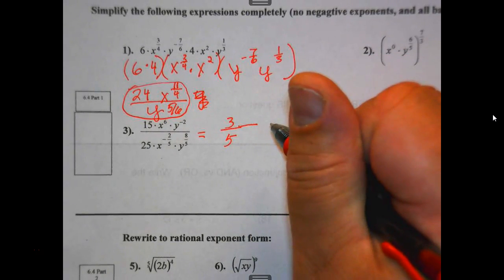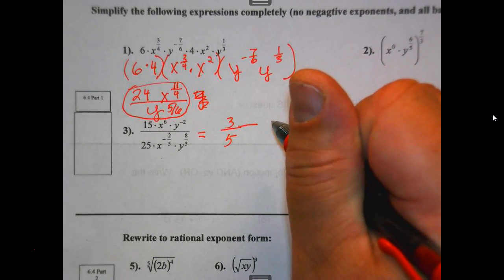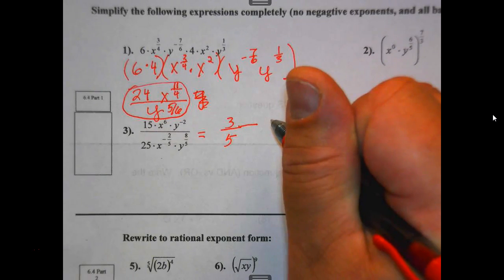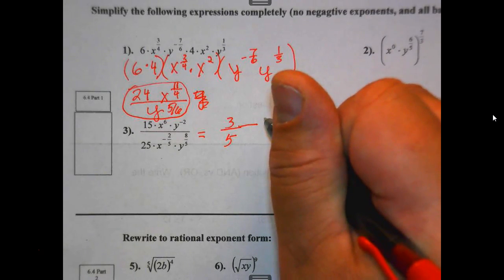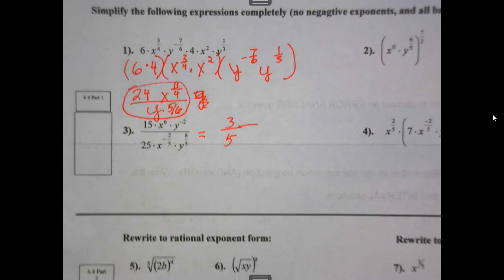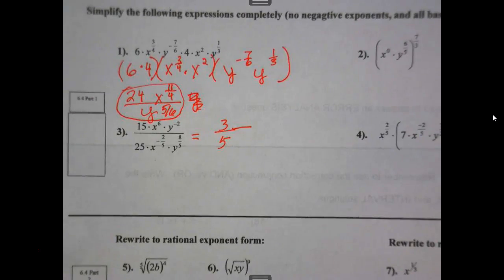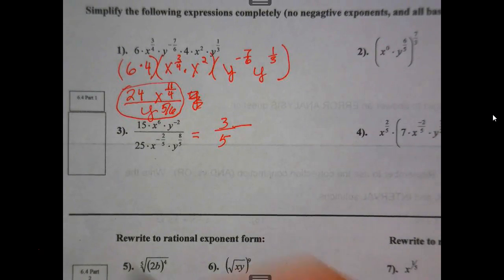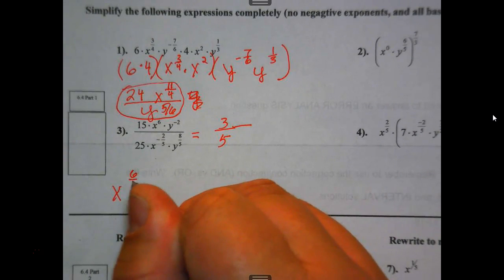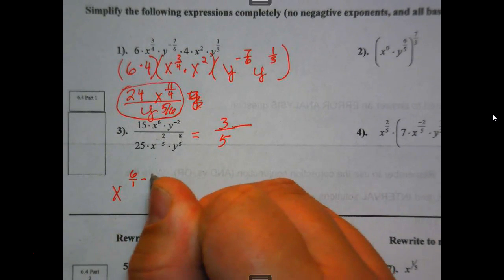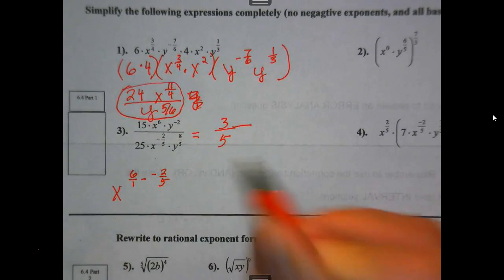Um, 30 plus 6, 5, 30 plus 2 is 32 fifths. I can't remember. This is way too much for me in the morning. X to the 6 minus a negative 2 fifths.